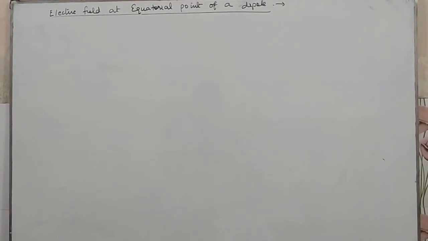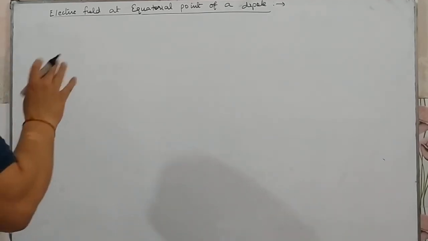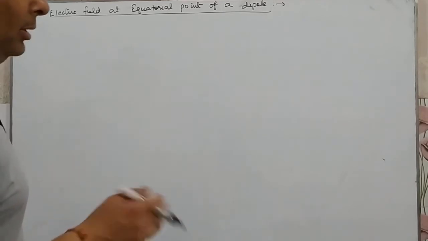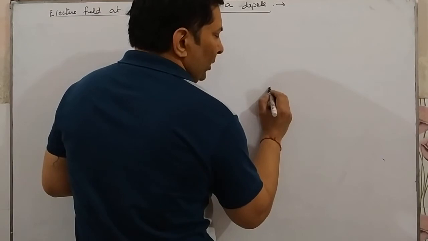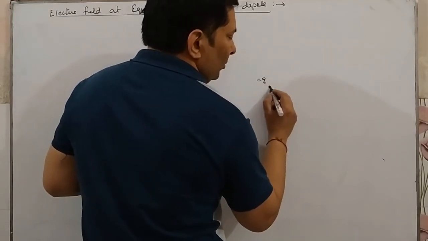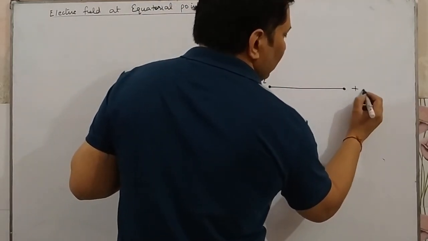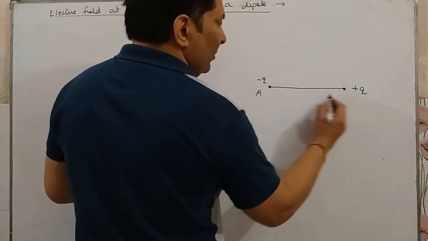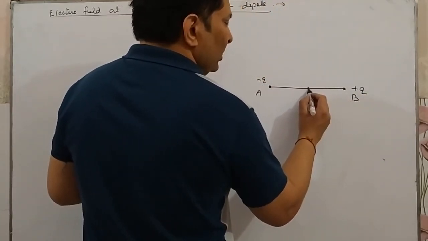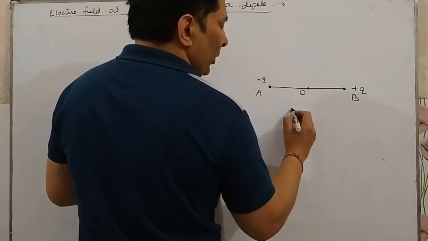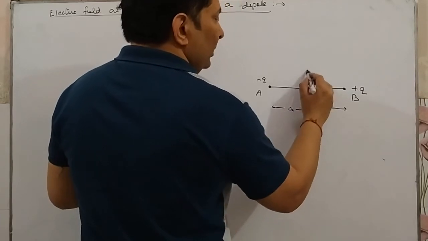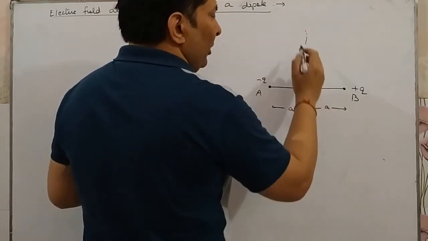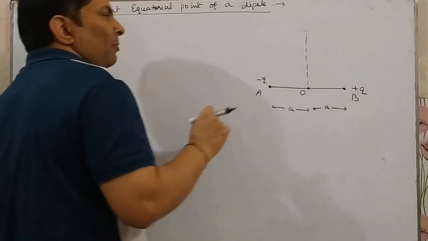The next topic is to find the electric field at the equatorial point of a dipole. Let's discuss. First of all, draw the electric dipole. This is minus q, this is plus q. This point is named A, this is B, and this is the center point O. This is the equatorial line, the perpendicular bisector of the dipole.